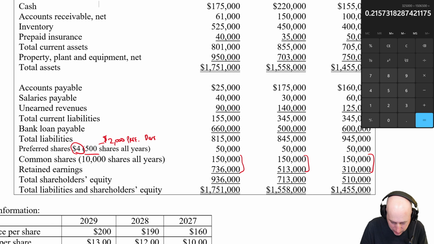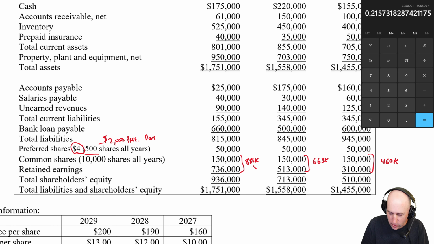Here, we're just going to go, okay, 150 plus 736, that's 886. 150 plus 513, that is 663. And 150 plus 310, that is 460. So that's our common shareholders' equity for the three years.